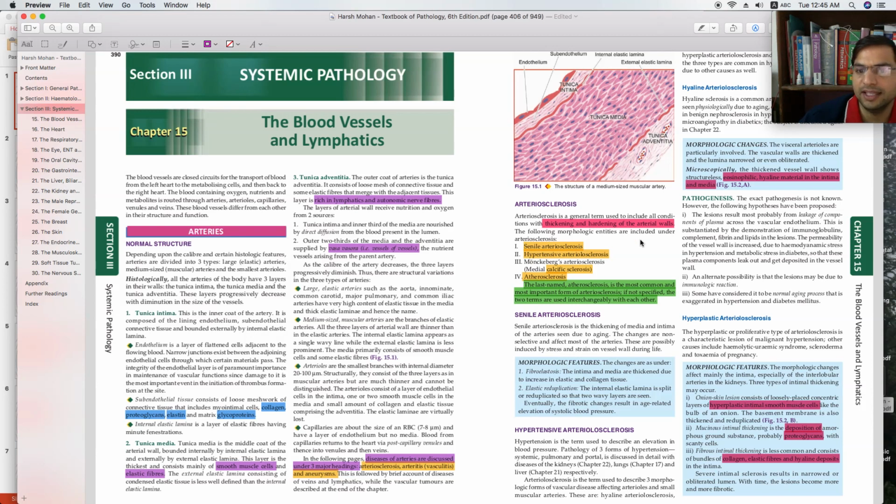Number two, hypertensive arteriosclerosis. That is arteriosclerosis originating because of hypertension, right? Increased blood pressure. Then number three, calcific sclerosis, where the arteries have abnormal calcium depositions in them, and they become calcific. Then they also become thickened and hardened. And number four is atherosclerosis.